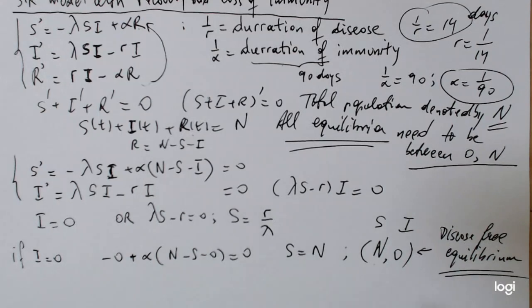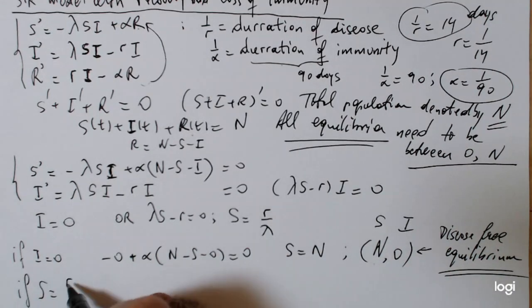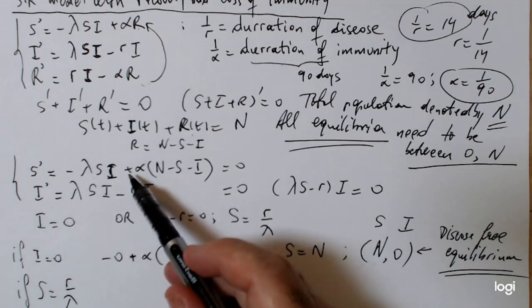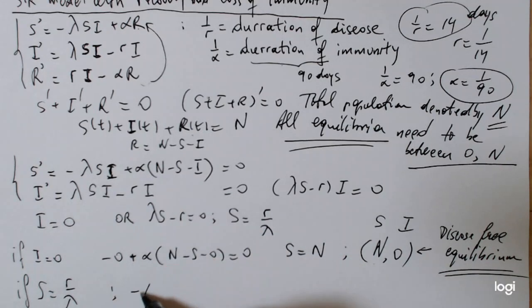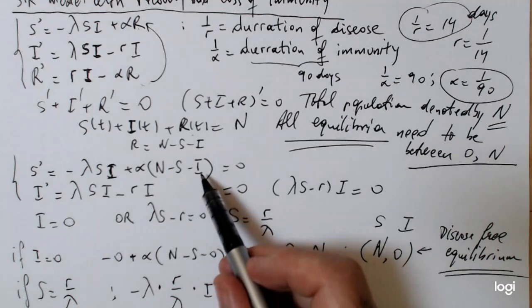Then the second possibility, if S is equal to R over lambda, going back to the first equation, let's plug it in. And we're going to solve for I eventually, right?